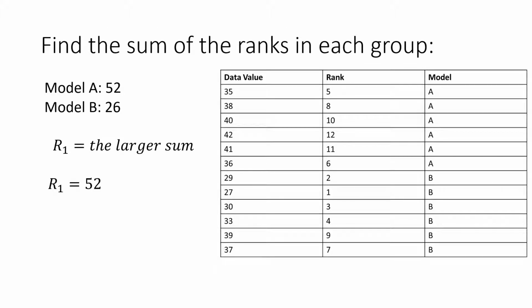Now we find the sum of the ranks in each group. For Model A, the sum of the ranks was 52. For Model B, the sum of the ranks was 26. R1 is the larger of the two sums, so R1 is equal to 52.